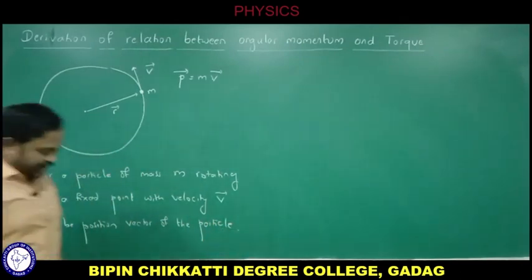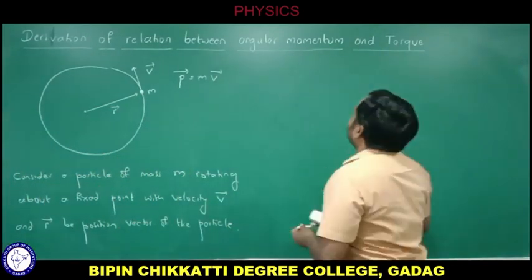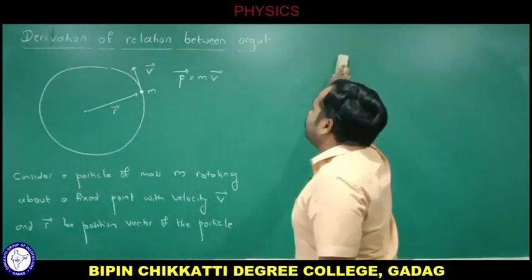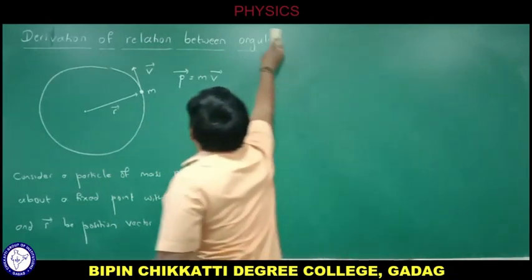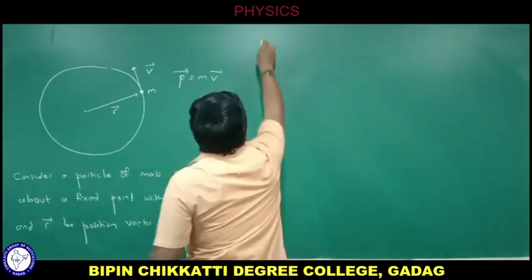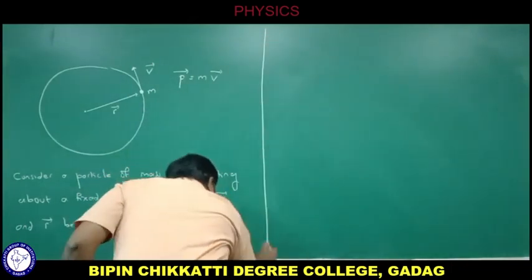Now let us find the relationship between angular momentum and torque. To do that, let me take the formula for angular momentum, which we have already discussed.